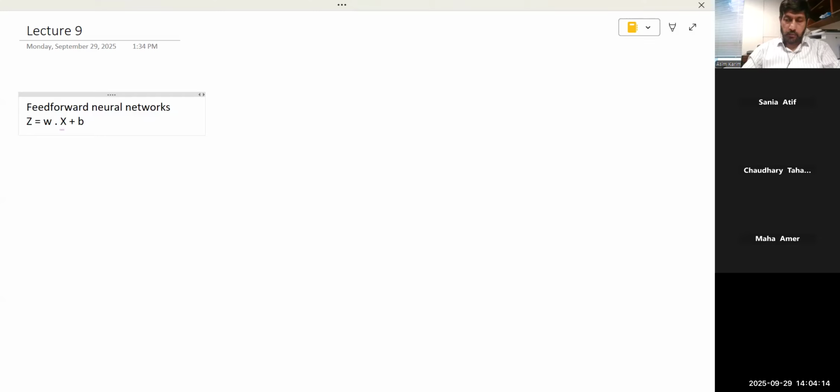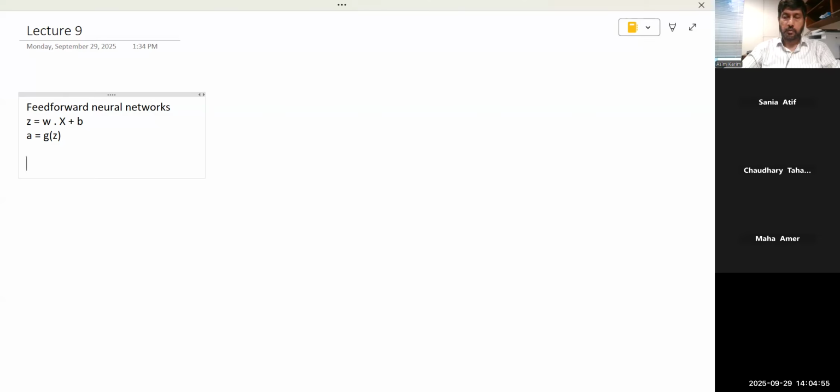To make it an actual computational unit for a neural network, we apply a nonlinear activation function on it. So let's say the output A would then be G of Z. This is a single computational unit, and as you can see, if you take G as a sigmoid function, this is also the equation for a binary logistic regression model.